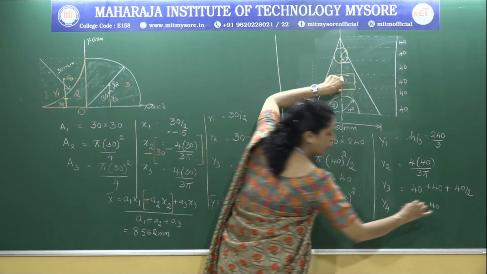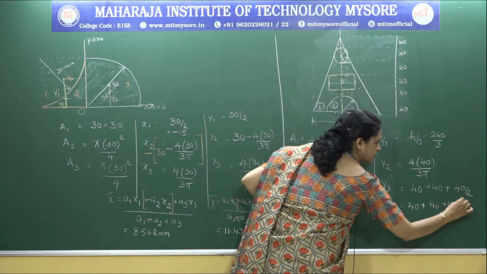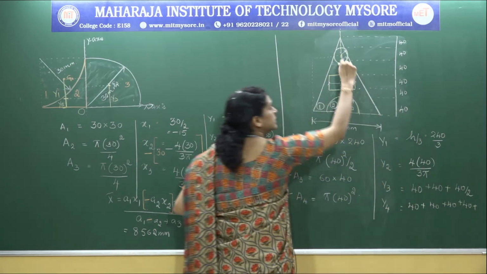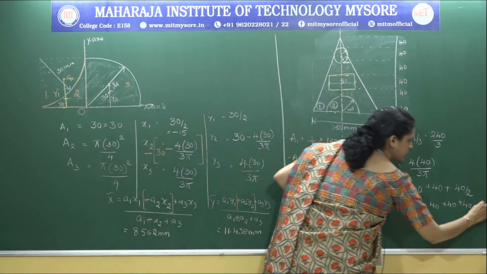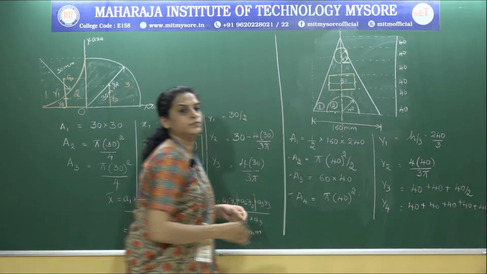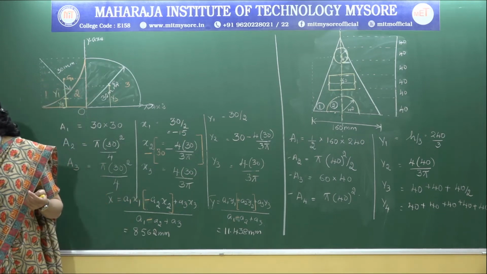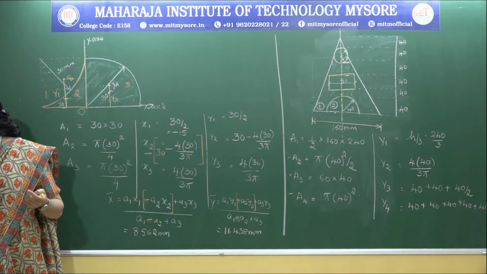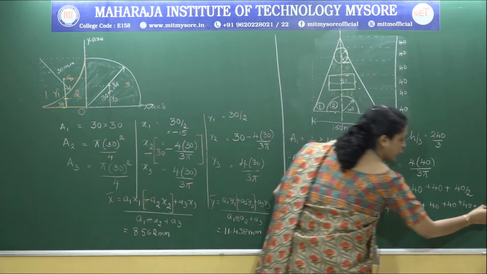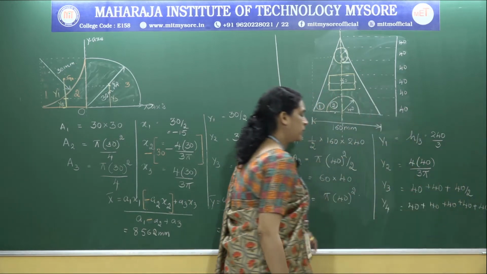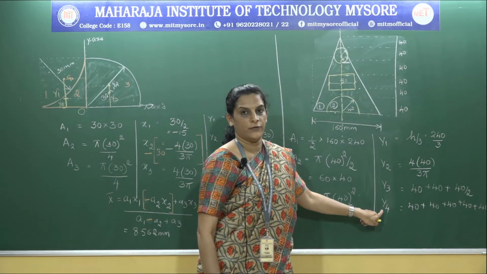Again here it is 40 plus 40 plus this is the centroidal point, that is 40 again. It is 40 by 2, right? So here are the points y1, y2, y3 and y4.